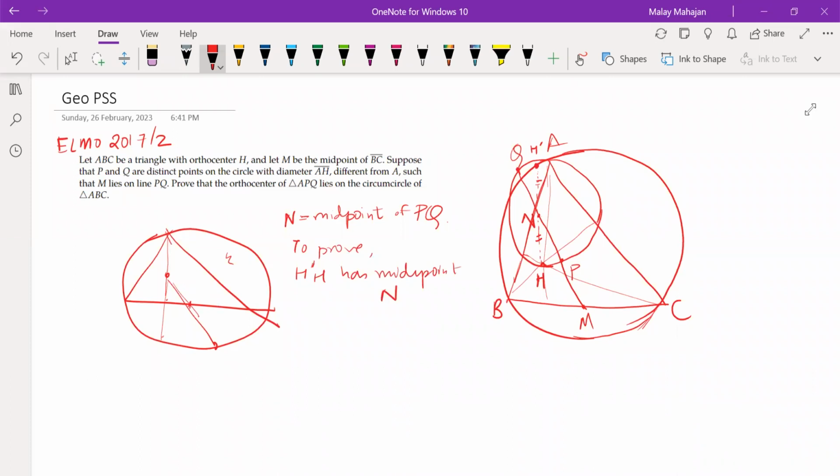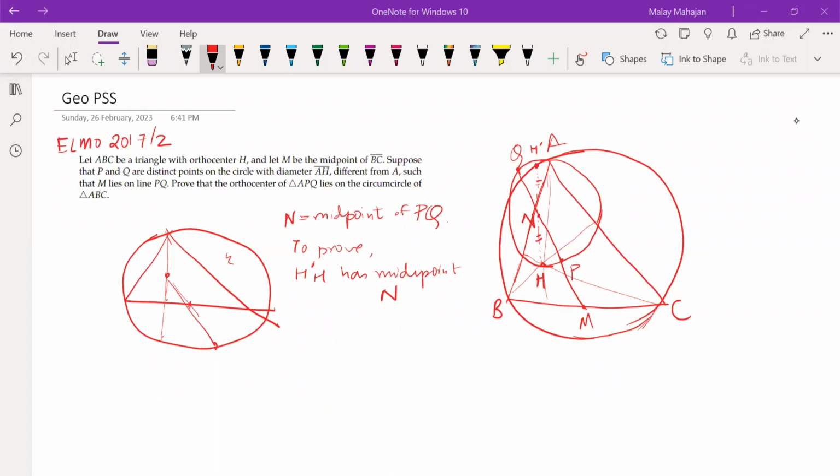Okay, so in other words, if we take a homothety about H with ratio half, it should bring H' to N. And H' is a point on the circumcircle. So what does a homothety of ratio half about H bring the circumcircle to? The nine-point circle. Yeah, so if we prove N lies on the nine-point circle of ABC, we would be done.